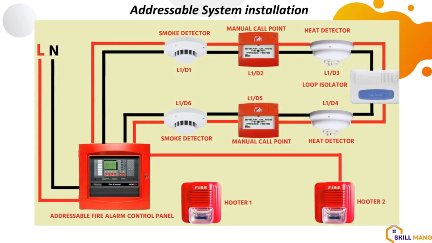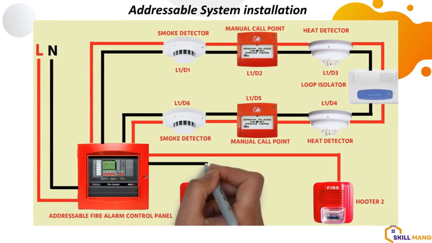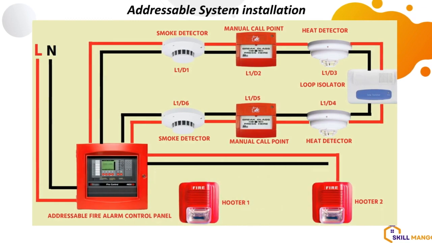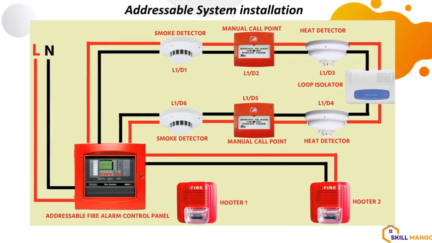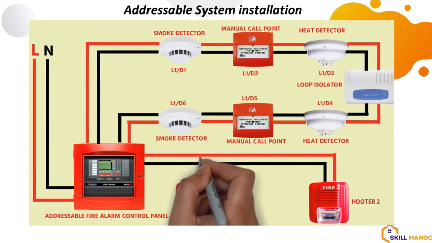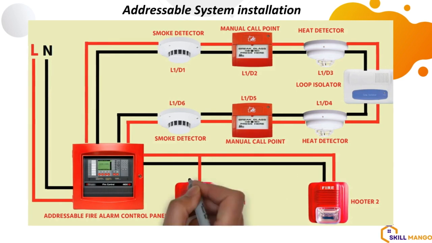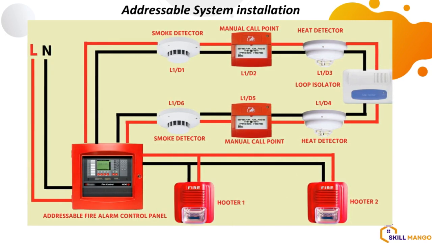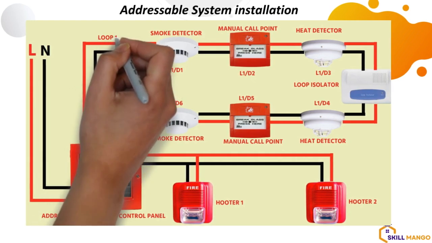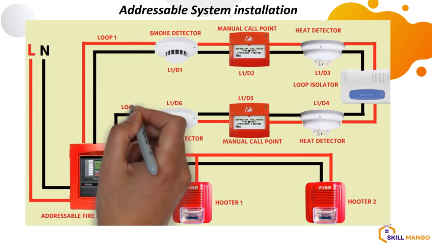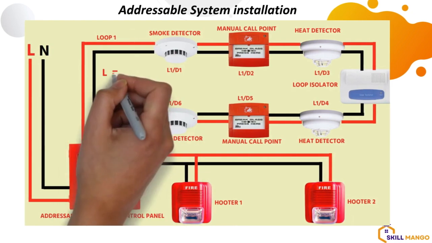If anything happens to any of your devices on that loop, it can affect the entire loop or the next loop. So it's better and always ideal for you to ensure that you have your loop isolator in place to avoid faults from one device getting to the other device on your loop.